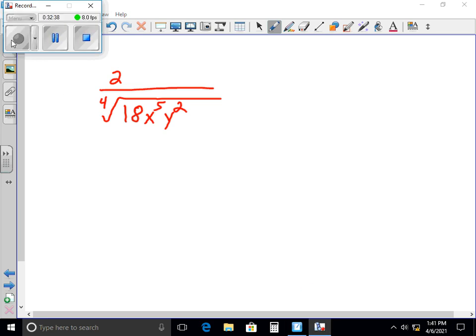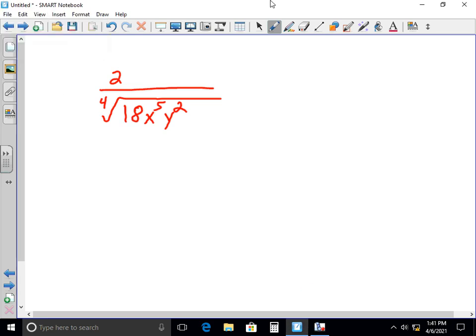Let's take a look. So 18 is 2 times 9. 9 is 3 times 3. So we have a 2 and 2 3's. So that's what's already under the radical.